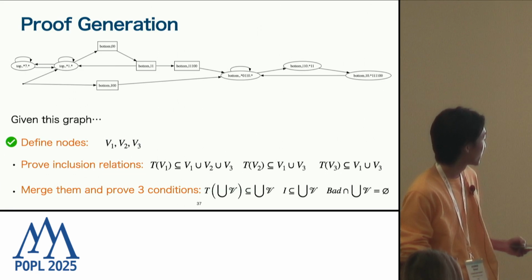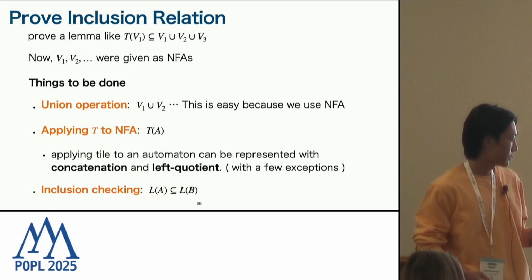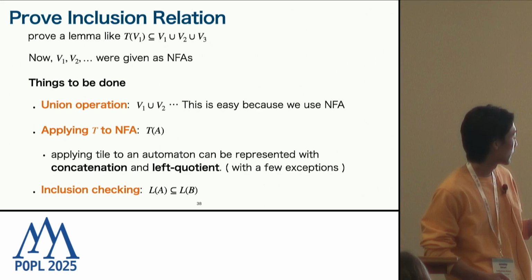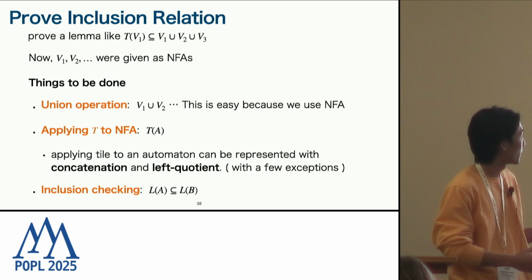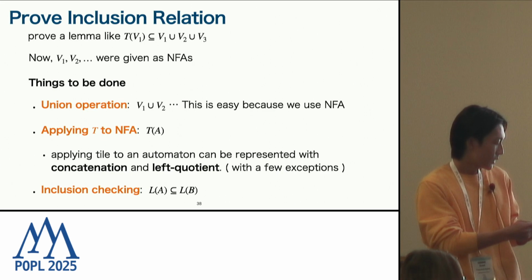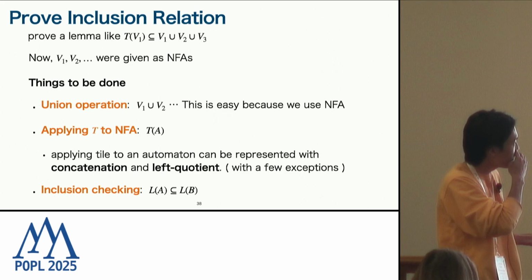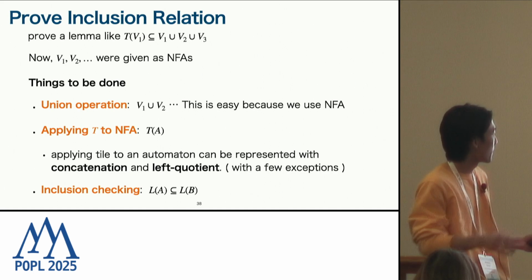Then let's prove inclusion relations. Here, all vertices were given as NFAs, and we need to prove a lemma like the post state of B1 is subsumed by the union of other nodes. To do this, we need to implement the union operation, and this is easily done because we decided to use NFA.